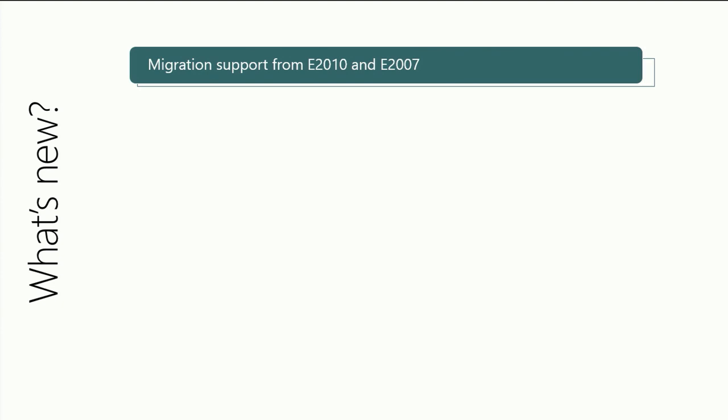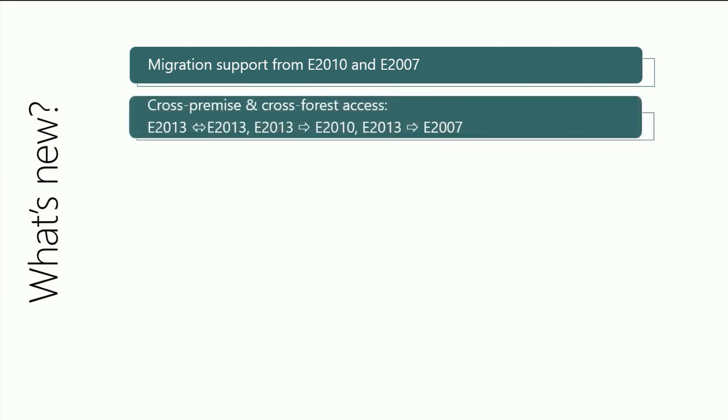Okay. So I talked about the architecture. There are also some things that we did in 2013 that are not there in legacy. Of course, there's migration, because most of you already have public folder hierarchies. You want to keep them, and you also want to bring them to modern public folders. So we built migration from the last 2 versions of Exchange, 2010 and 2007. There is cross-forest and cross-premises access.